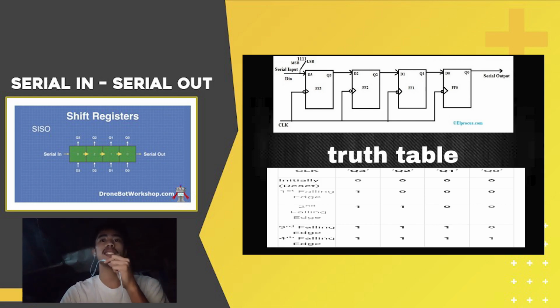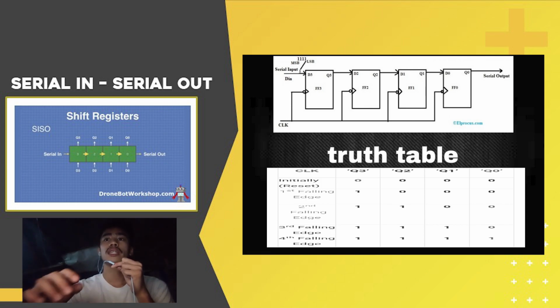Similarly, when the next data input bit in the above 4-bit, like a high signal, is given at flip-flop D3, again D3 will cause Q3 to be 1, and Q3 is given as an input to flip-flop D2. So D2 will cause Q2 to be 1, while all the remaining outputs will become 0.